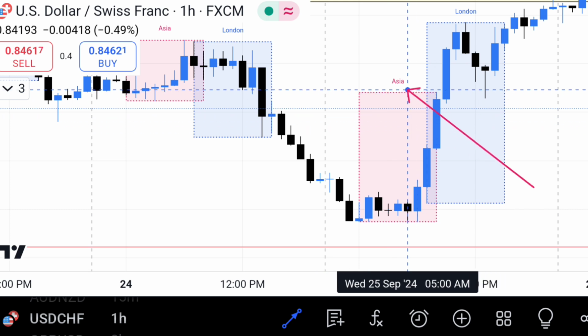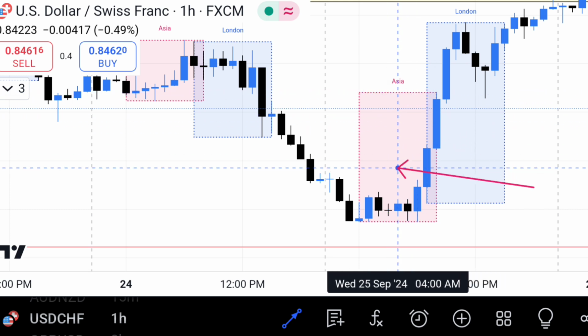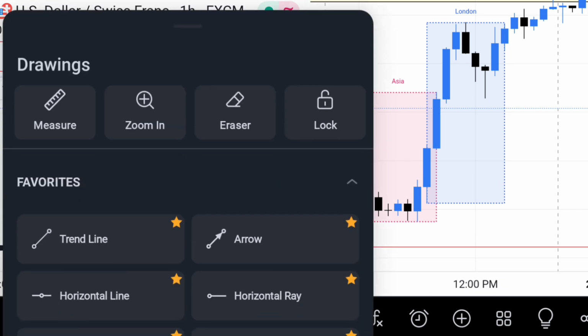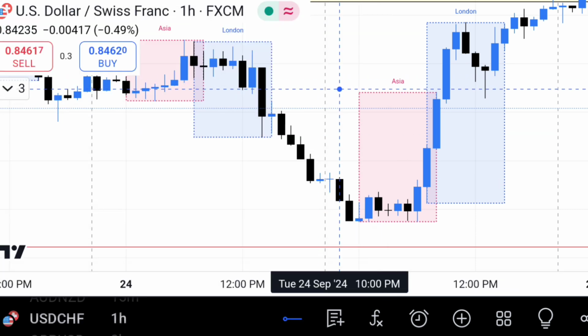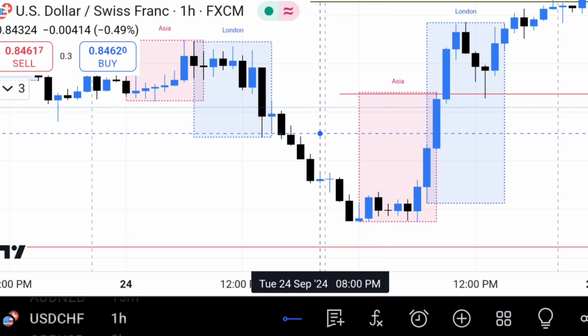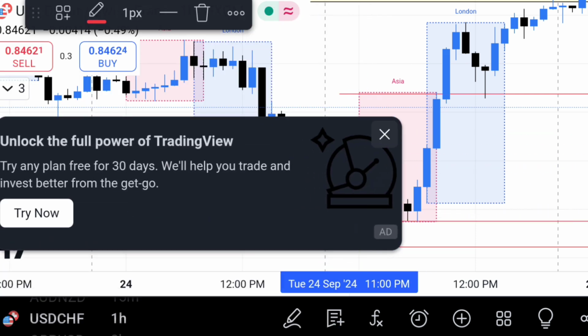You mark the high and the low, so we're going to go ahead and mark the high and the low for that particular day that you are looking for the trade setup.